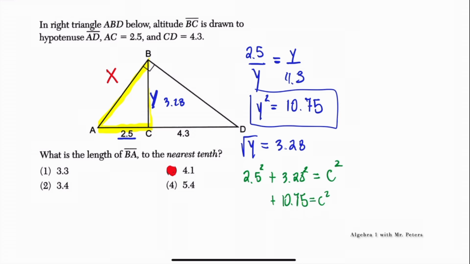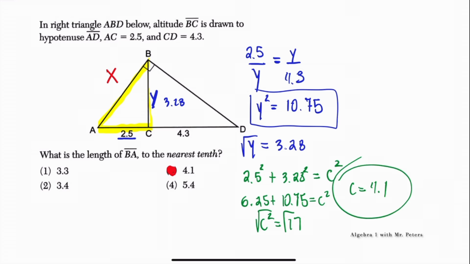When we square 2.5, we get 6.25. So c squared is equal to 17. When we repeat the process, we get the same thing. c is equal to 4.1. So this is two methods to solve the same problem. Try to learn both, or at least master one, so that you can use it to your advantage on the exam.